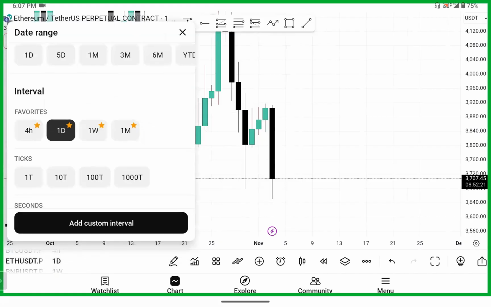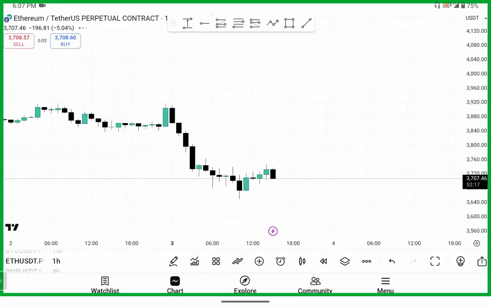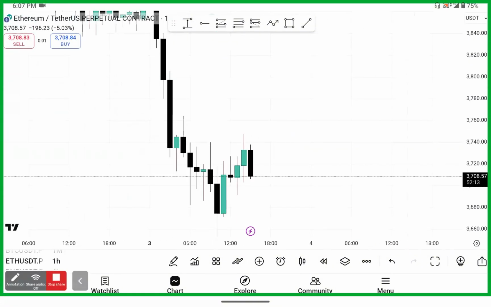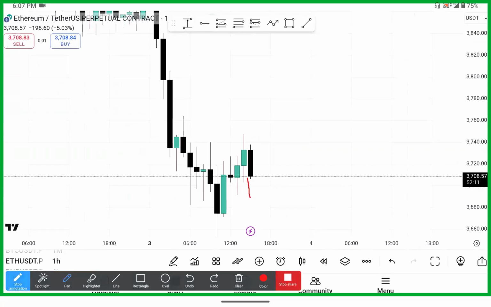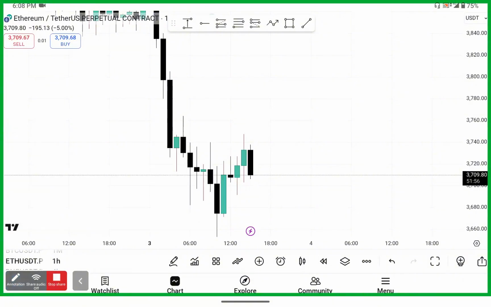I'm just doing this to illustrate to you. When I am on 1 hour, it also indicates the same. Every candle that you see took 1 hour to form, no matter the height and the size.